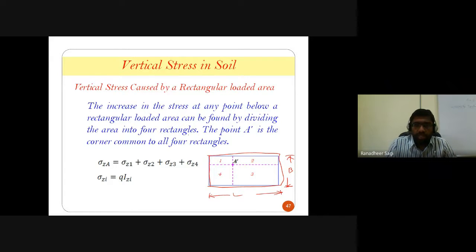Any of the corner points means with respect to this point or this point or this point or this point. So, if you are choosing a particular point which is at a depth of, let's say, 2 meters, projected from any of the corner points of your rectangular loaded area, then only that expression is valid. But now, where is this particular chosen point existing?